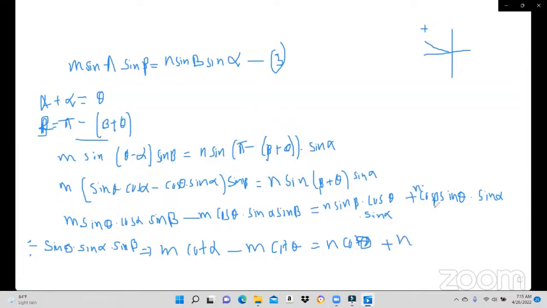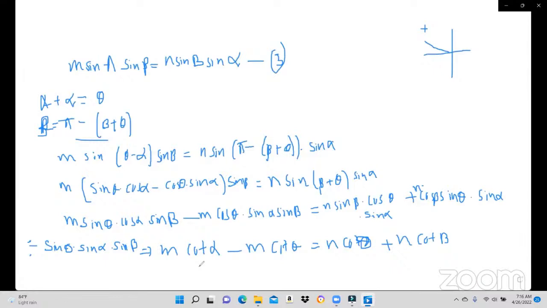Cos beta divided by sine beta is cot beta. What will happen? Sine theta is getting cancelled. Sine alpha is getting cancelled. Now this is the equation we have got.